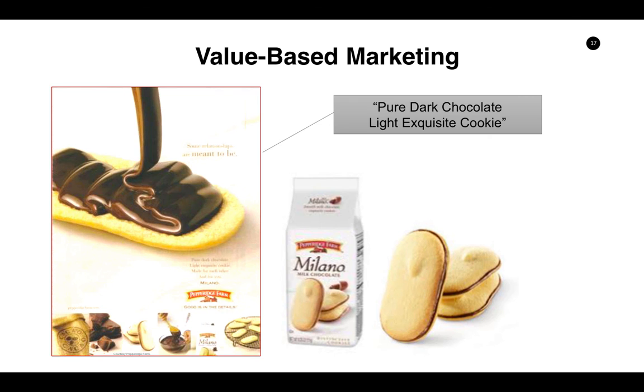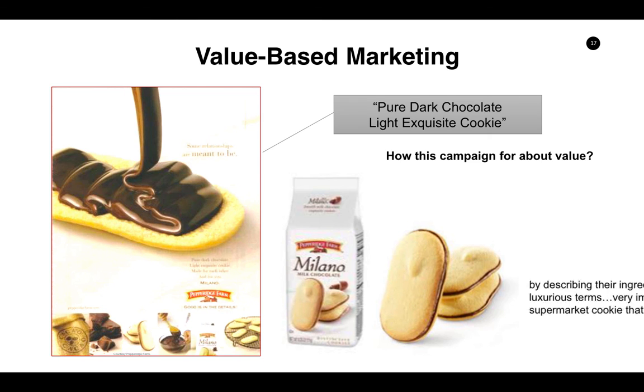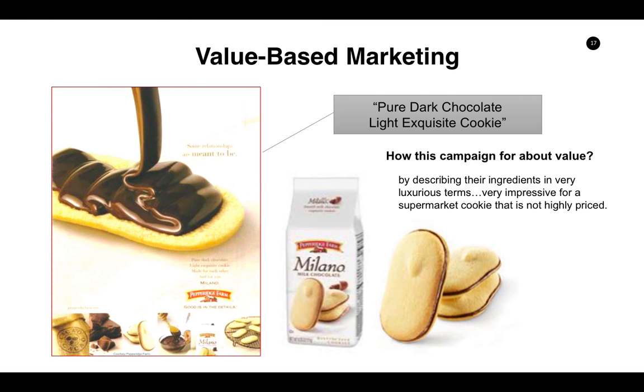However, they want to appear to be that way by describing their luxurious ingredients in a very nice way. Pure dark chocolate, light exquisite cookie. It makes the cookie seem a bit more high end, right? High priced. So people that want to feel a bit high end might purchase this cookie instead of purchasing a Chips Ahoy at the grocery store that won't really give you that value as the Milano cookie will.